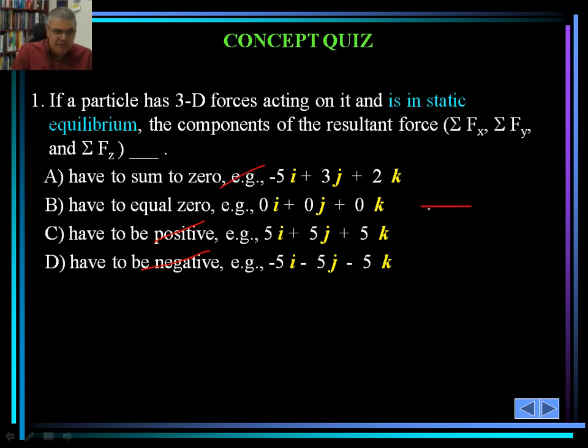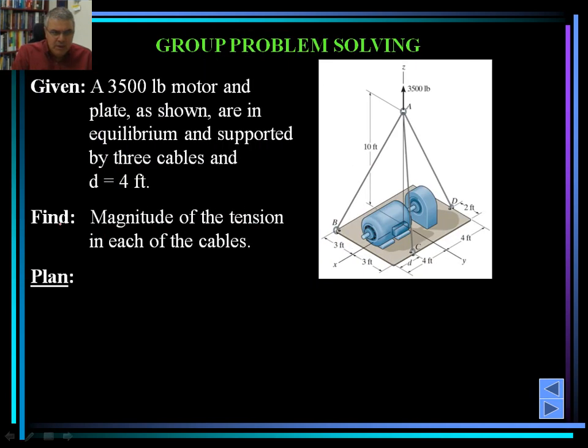And the correct answer that's shown here is actually B, that I am encircled. Let's do another problem. It's what we call a group problem. Let's solve that group problem, and then we would have an attention quiz and wrap our session up.